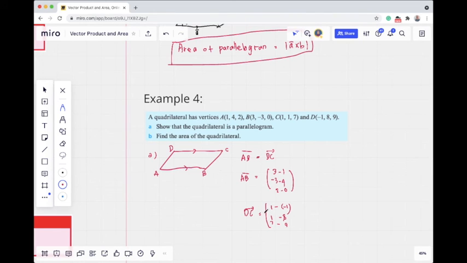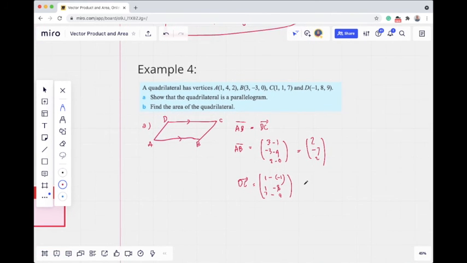Okay, let's check. 3 minus 1 is 2, negative 7, and this is 2. Oh, I think I wrote the wrong number from the last one.